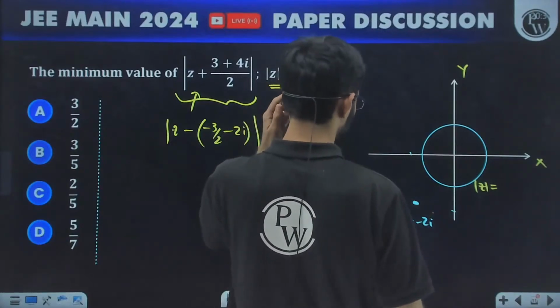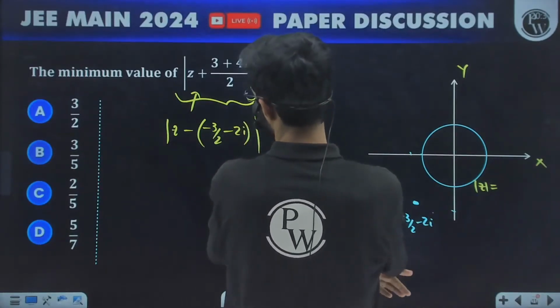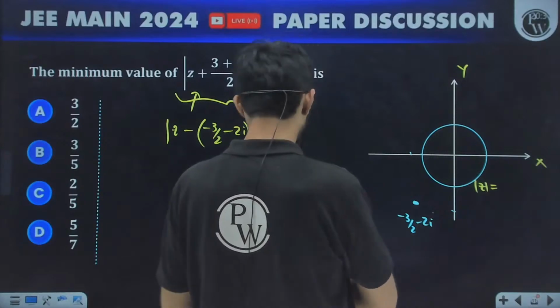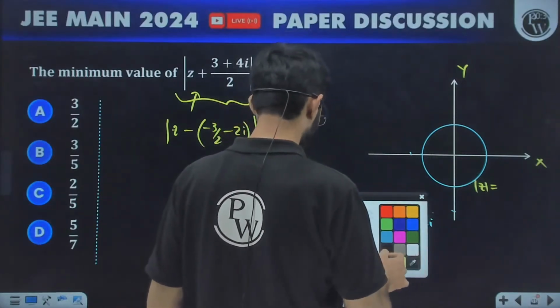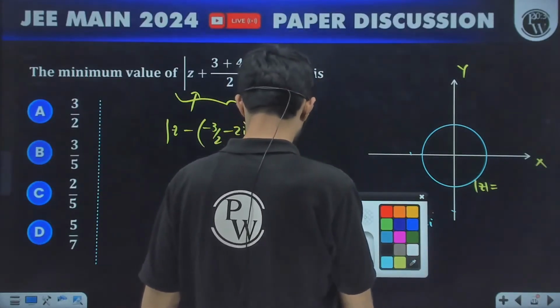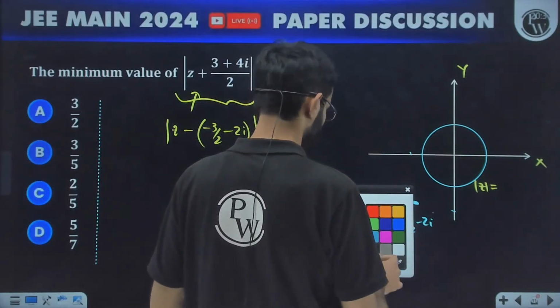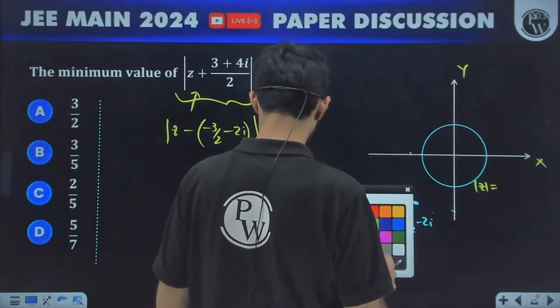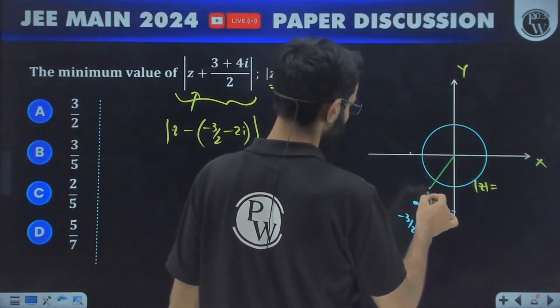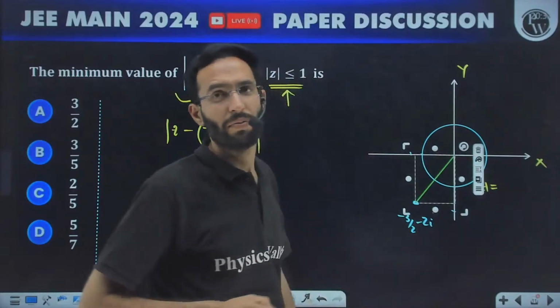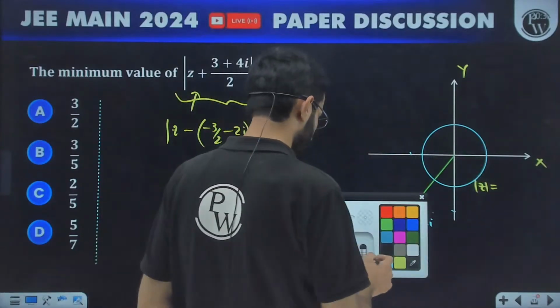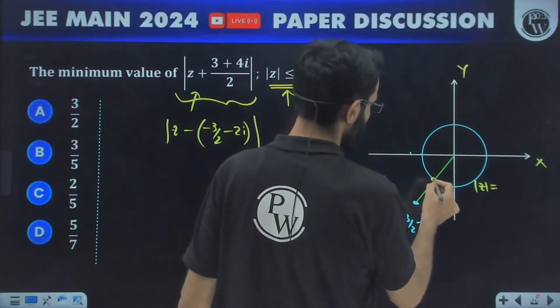So this is minus 3 by 2 minus 2i. This is z. Now when can we have its minimum value, students? Understand this carefully. This is the origin. So from here, if you see, this point of z is going to give you its minimum value.